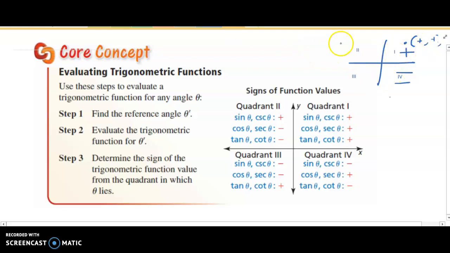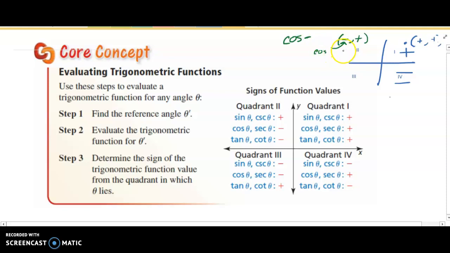Over here, my x value is negative and my y value is positive. Remember, my x value is my cosine. So my cosine is going to be negative, and my sine is positive.